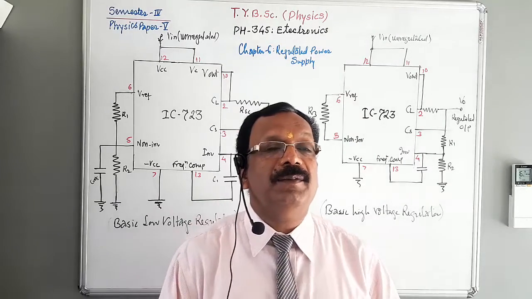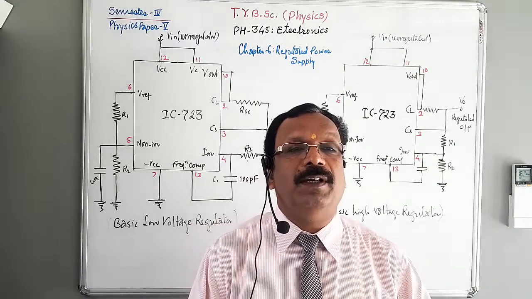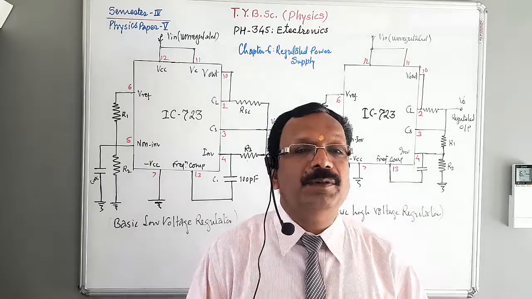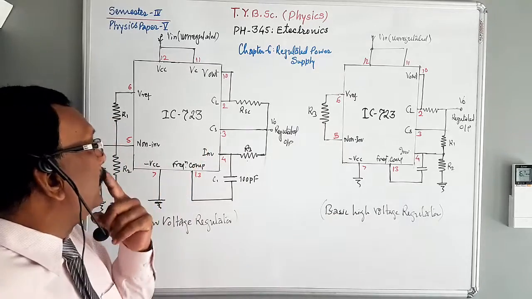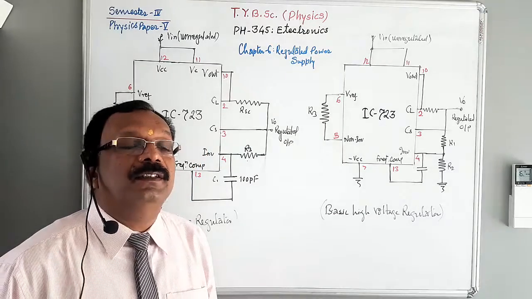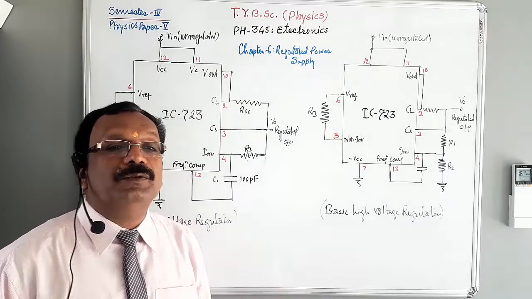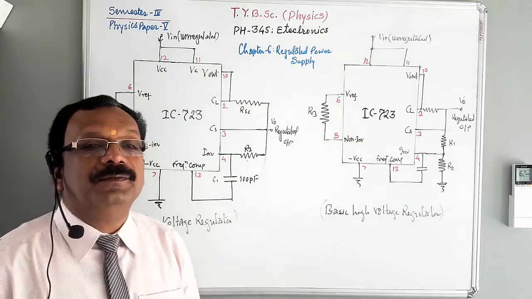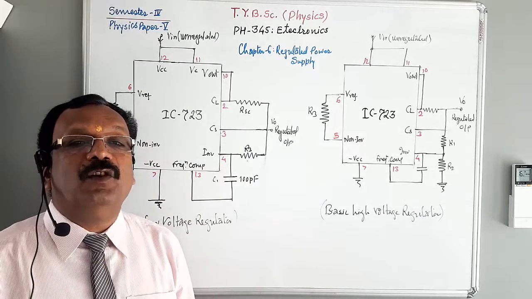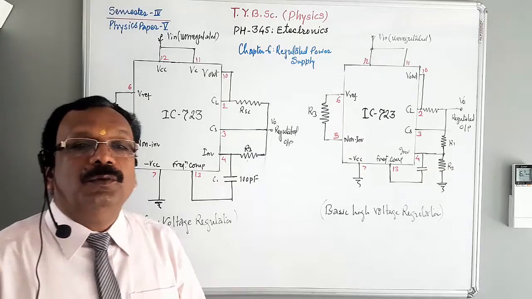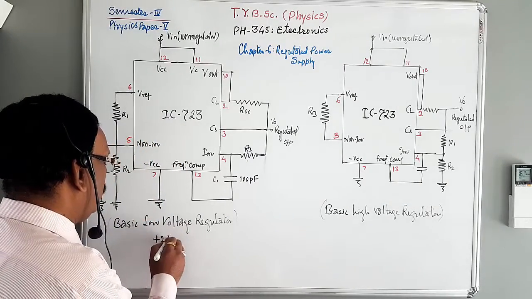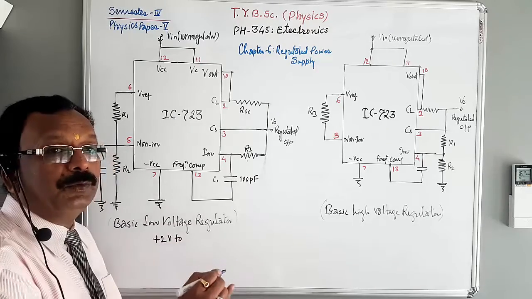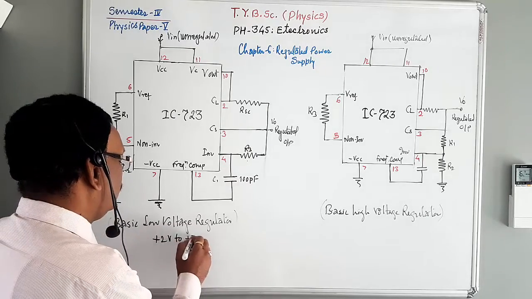The circuit diagram for the basic low voltage regulator using IC 723 is this. This circuit illustrates the basic low voltage regulator using IC 723, and it has an output voltage range from plus 2 volt to plus 7 volt.